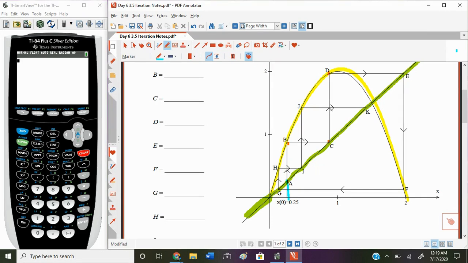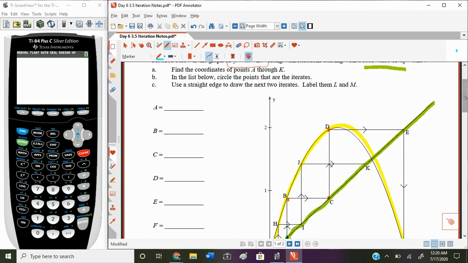Well, what do we know about all points on the line y equals x? We know that the x-coordinate and the y-coordinate are exactly the same. So if the x-coordinate is 0.25, then the y-coordinate is also 0.25. So point A is at (0.25, 0.25).